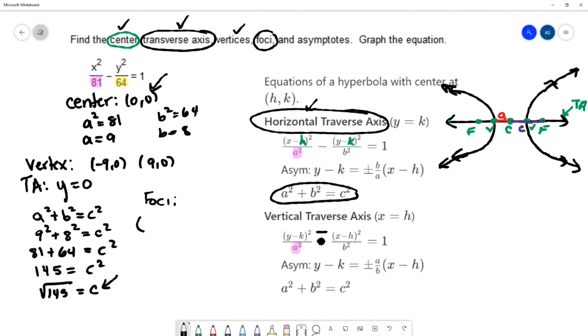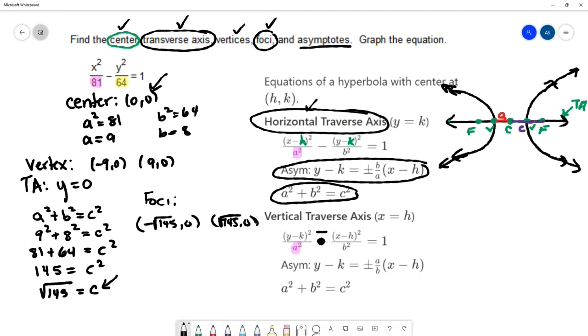So we have negative square root of 145, comma 0, and positive square root of 145, comma 0. So we found the foci and now the asymptotes. Your asymptotes are going to be right here.